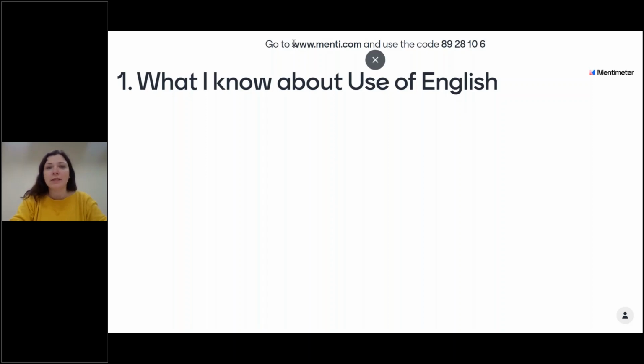You need to go to the site menti.com. Then you enter the code 8928106 and leave me some comments to share with us, because we teachers know better than others that it's great when we can study something new, learn something new from each other, not only from one person, but when we collaborate, we are more powerful.